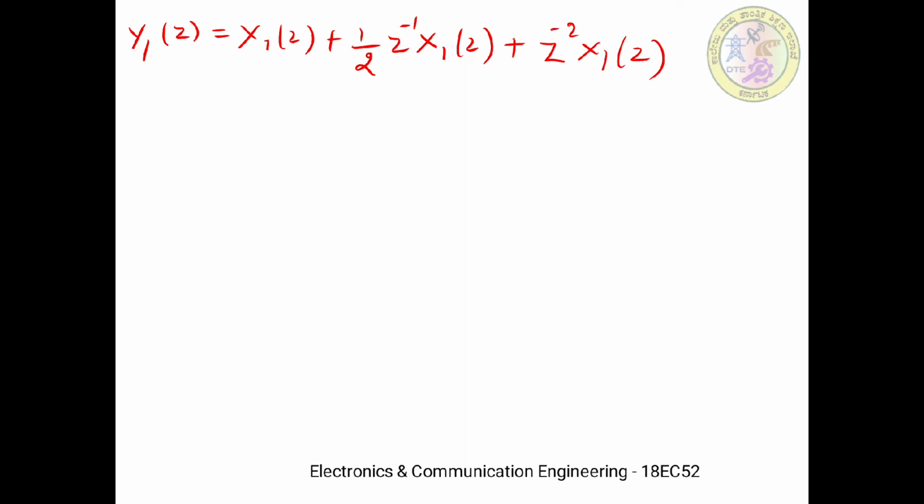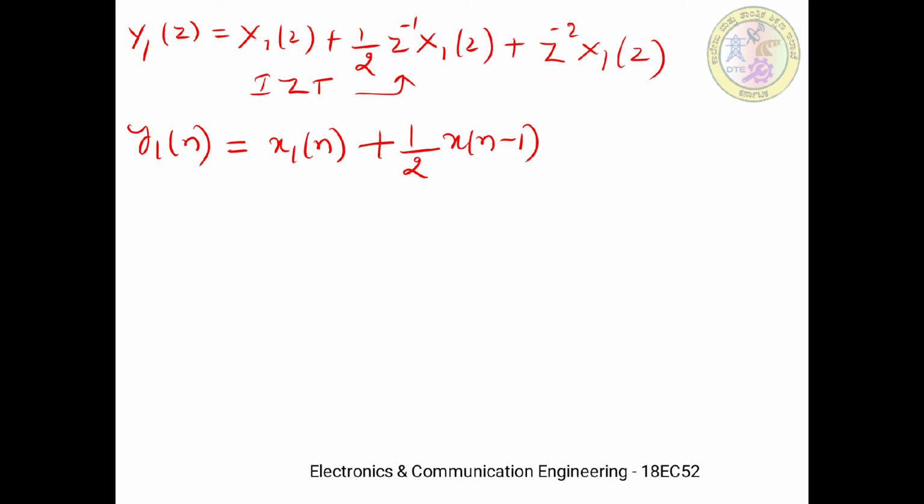So by taking the IZT on the above equation, I obtain y1 of n. So y1 of n is equal to x1 of n plus 1 by 2 into x1 of n minus 1 plus x1 of n minus 2. Okay. So z raised to minus 2 into X1 of z is nothing but x of n minus 2.